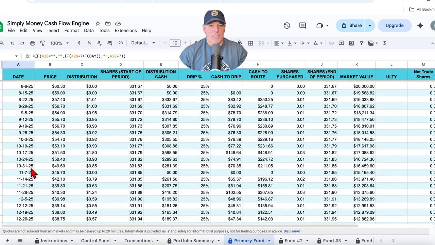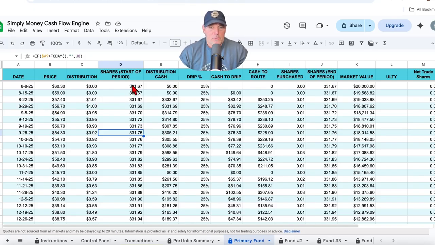So it just leaves it blank until that time comes, and that just keeps it a little cleaner. With this, you can see what the share price is on the day that this is showing. It shows you the distribution amount. So we can see that our first distribution, and it goes in the week. So if it's not on this exact day, it goes into the week, and that's based on some formulas over here to the side. This is just the week that this was paid.